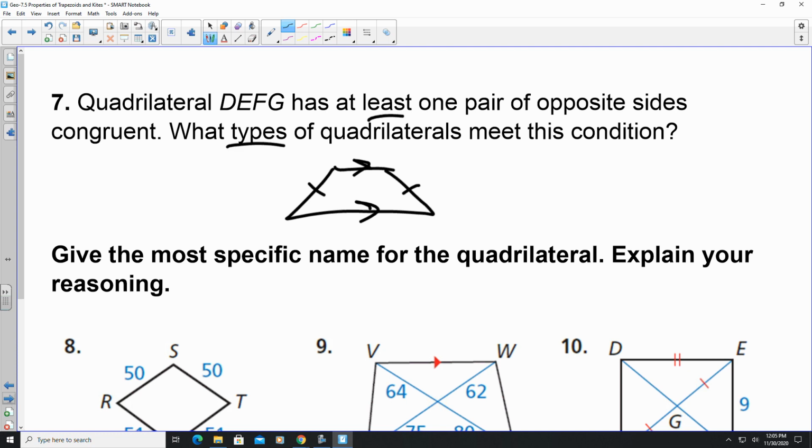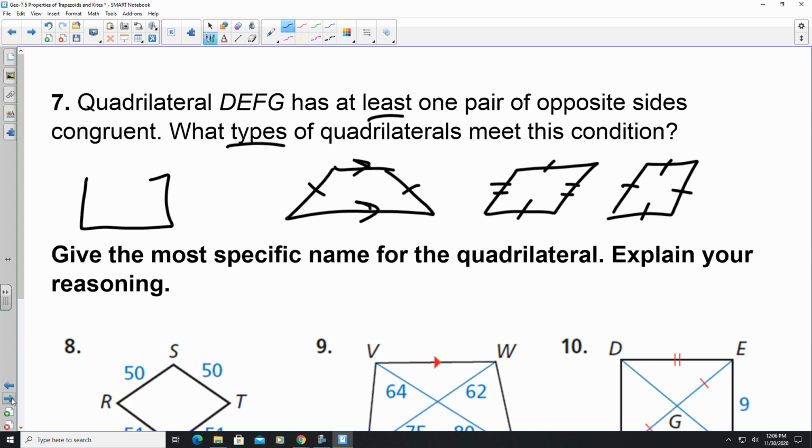So I guess since it has at least one pair, it could be a parallelogram. It could be a rhombus. It could be a rectangle. And it could be a square. So it can't be a kite.